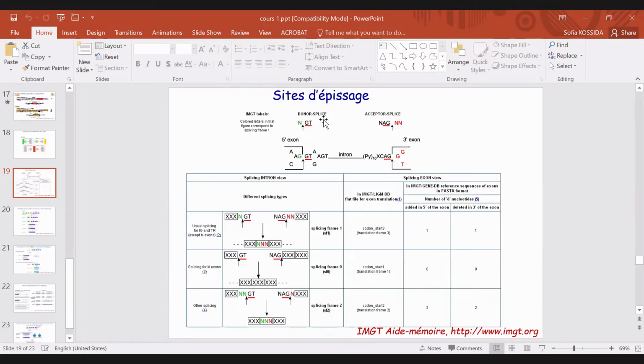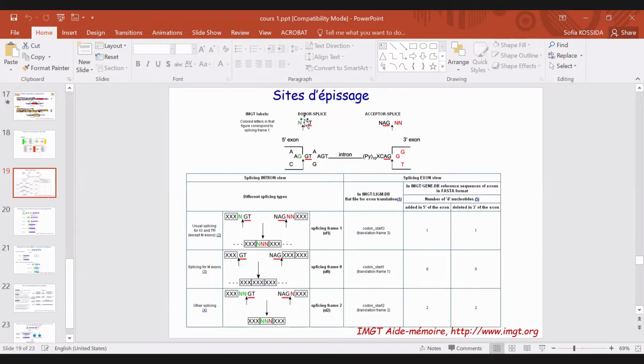You have a donor splice and an acceptor splice. I think you might already have heard about these terms. A donor splice is always with GT. Which sort of nucleotide is the G? Come on, guys, you know.